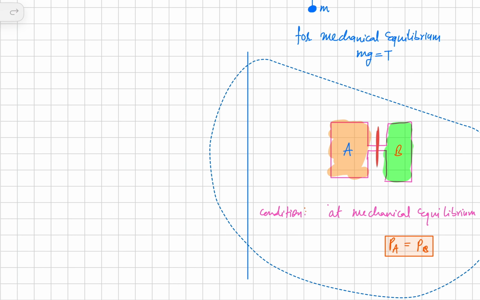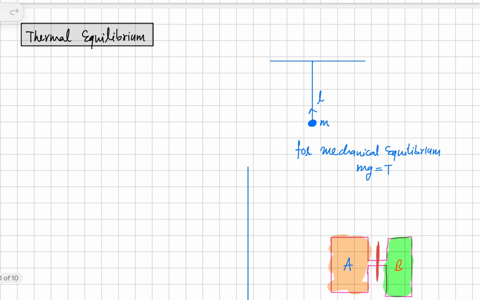If you see the definition in the book, they write it this way.